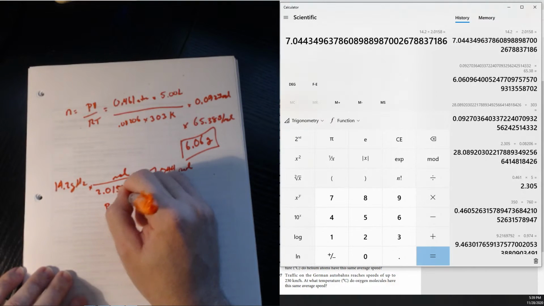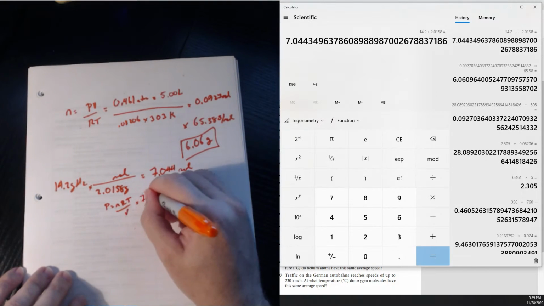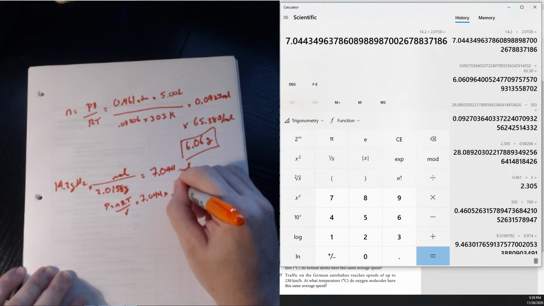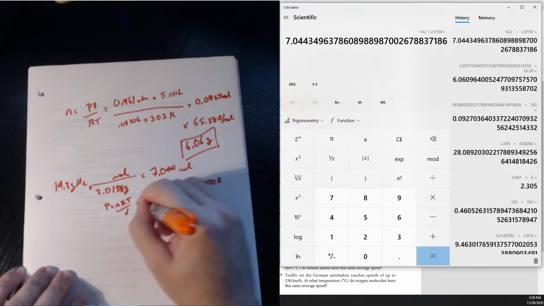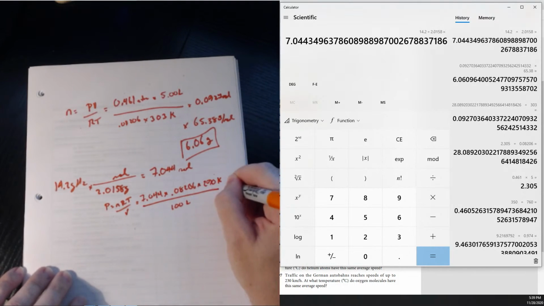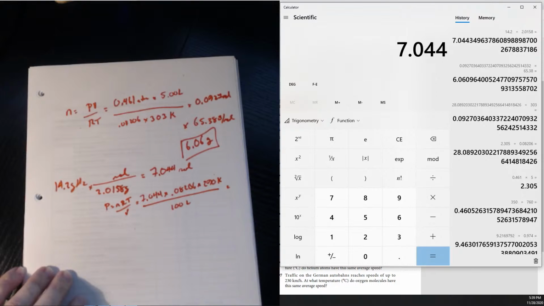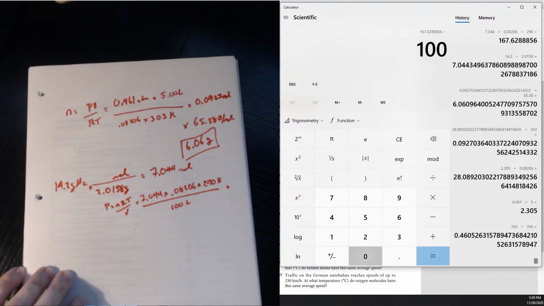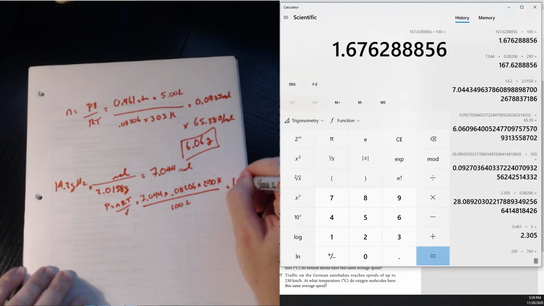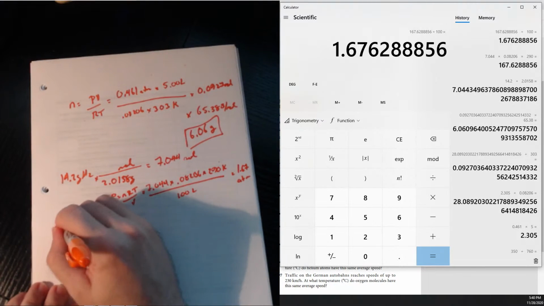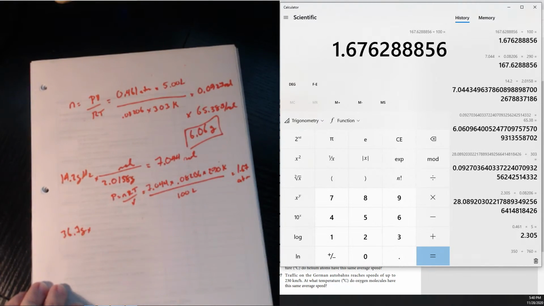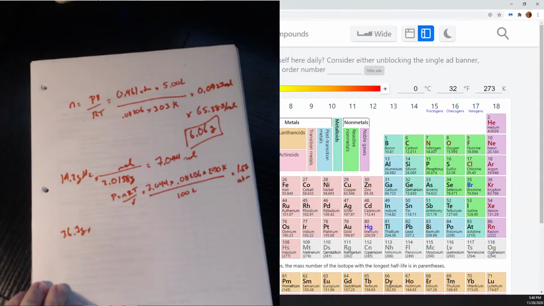P equals nRT over V, so 7.044 times 0.08206 times 290 Kelvin divided by 100 liters. 1.67 atmospheres. For argon, it's going to be a little bit less. 36.7 grams times 39.95.